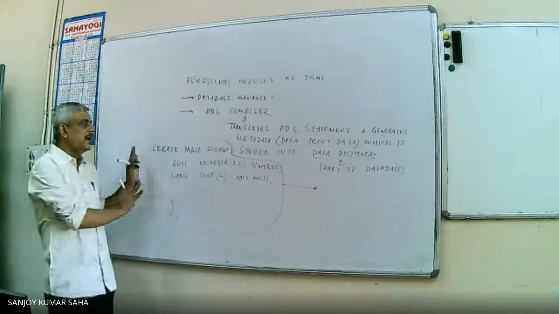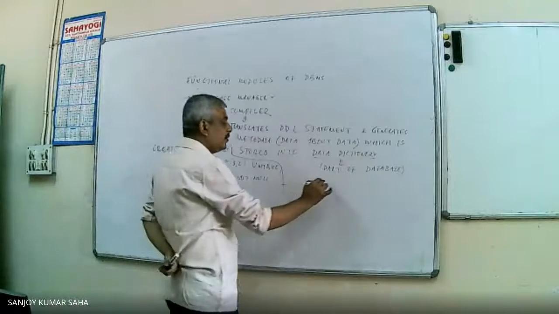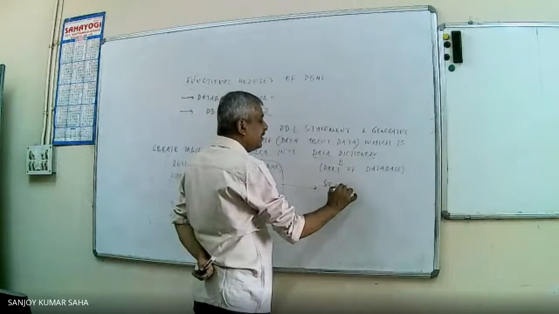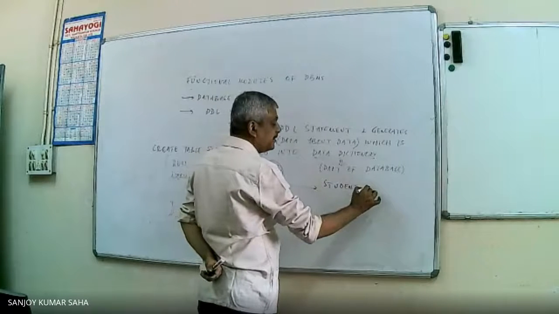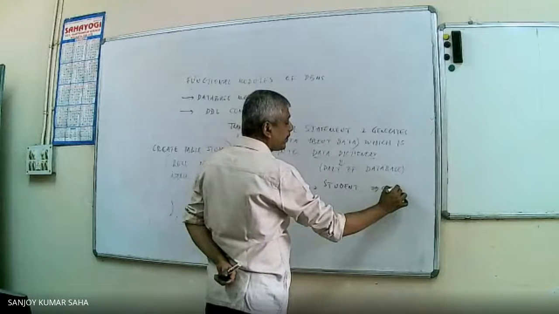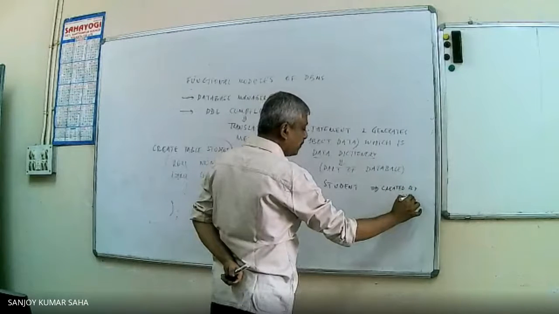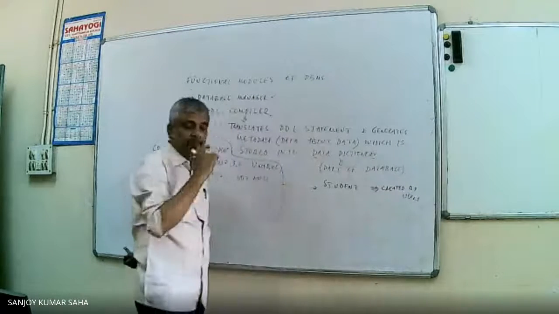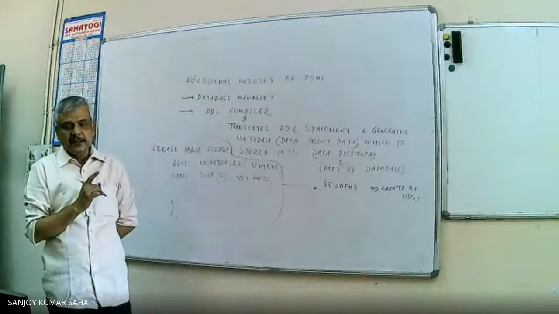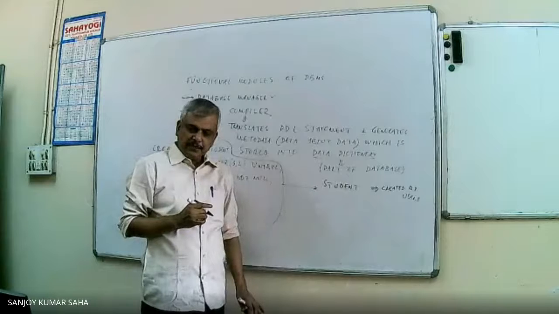It will record as if student is a database created by or owned by user one. In some part of the data dictionary, it will store this information.